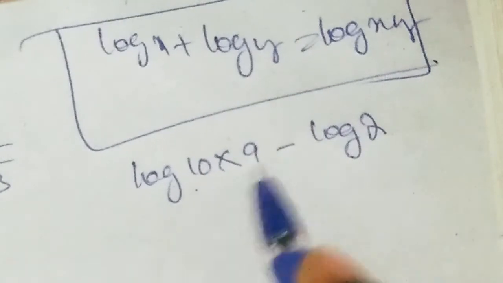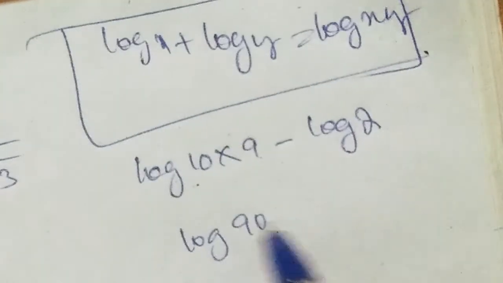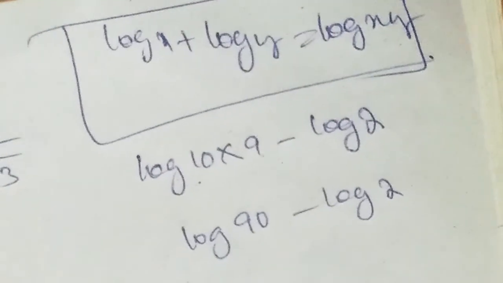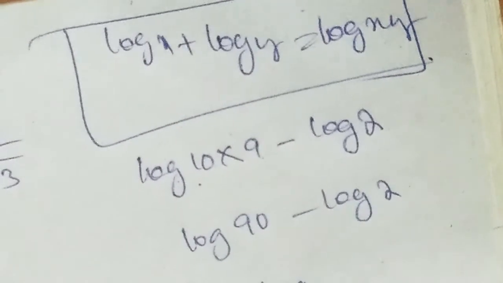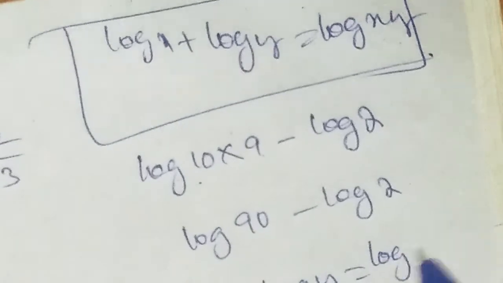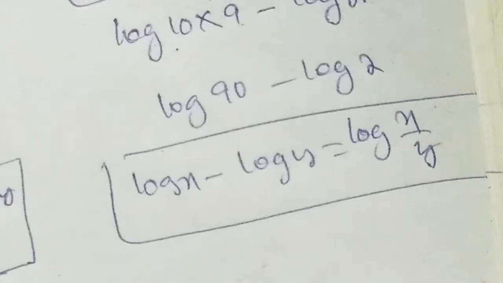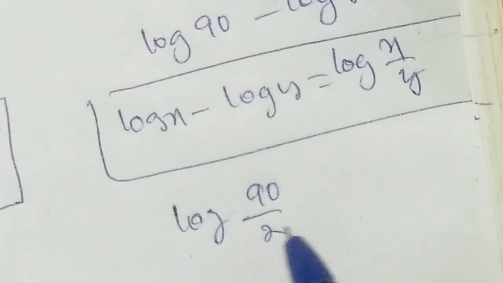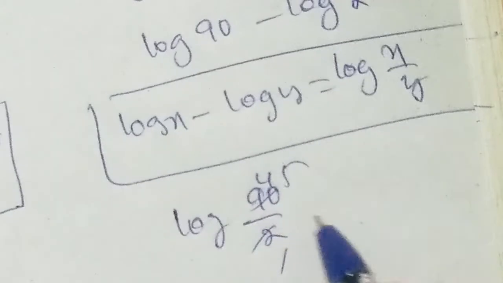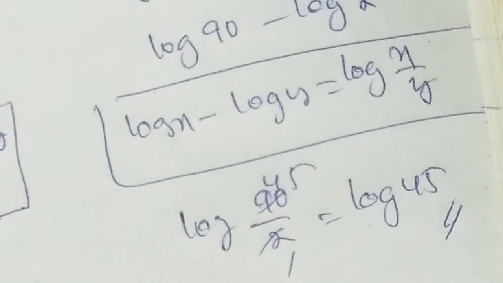Log 10 into 9 is 90, so log 90 minus log 2. Now log x minus log y is equal to log x by y. So log 90 by 2; 2 ones are 2, 2 forty-fives are 90, so 45. That is equal to log 45. What is our answer? Log 45.